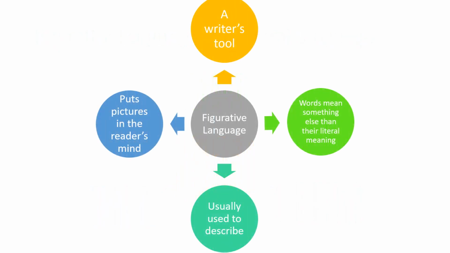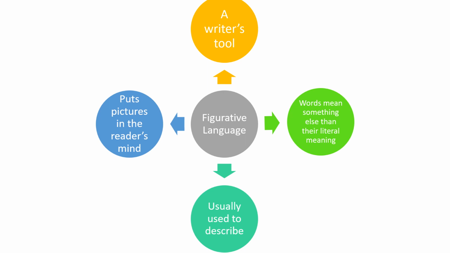So I'm going to tell you why figurative language is so important to use, especially when you're writing. It's known to be a writer's tool. So whenever you want to write something, you should try to include as much figurative language as you can, like idioms, similes, and metaphors, because it puts pictures in the reader's mind. So instead of having just boring reading, it helps the reader imagine something in their head.